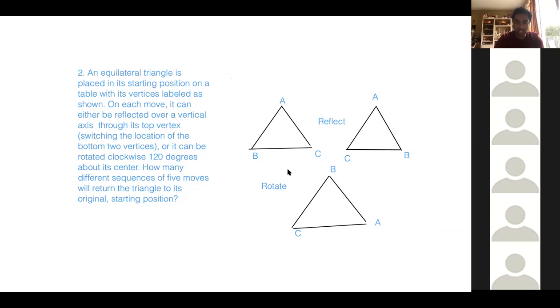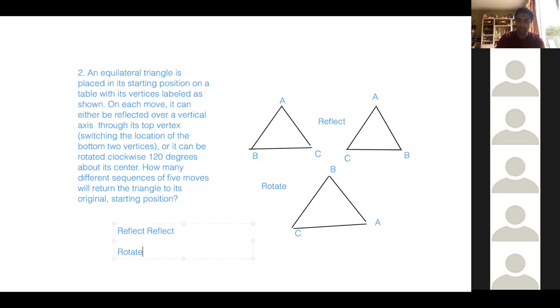Now we want to see the number of ways that we can return to the original with 5 moves. To do that, let's first start off with just reflects. How many reflects do I need to do before I go back to the original one? Two, good. A reflect switches the bottom two and switching it back reaches the original.